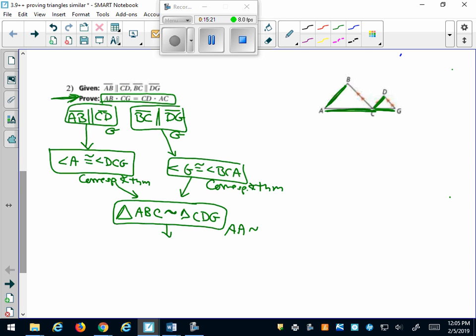Those are the four sides that we want to involve. And we're going to write a proportion using those sides. So if I say AB is to, what would I put underneath that? CD, good, because that's like the left side to the left side, equals, what should I have on top here? AC, because that comes from the same triangle as AB, over CG.